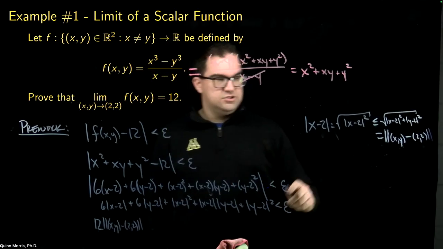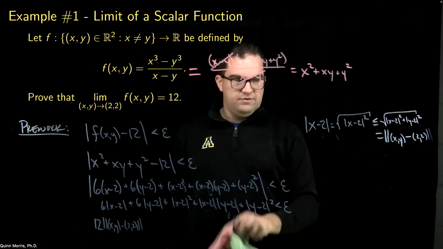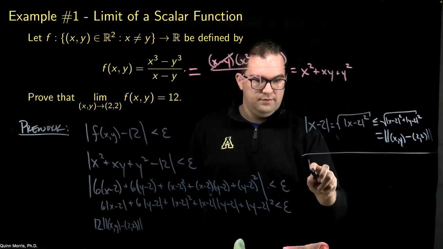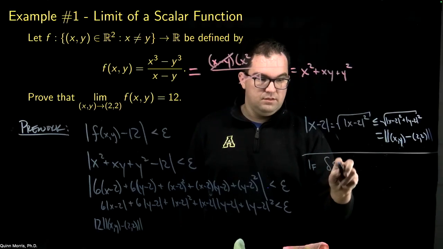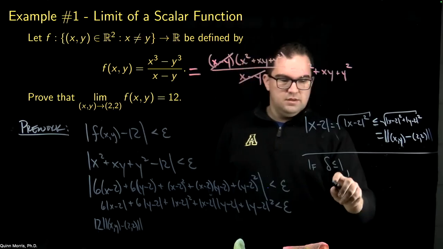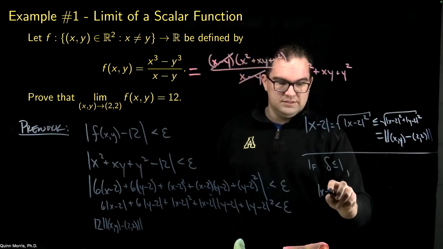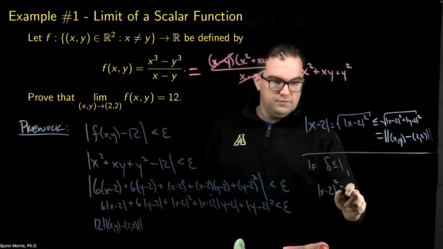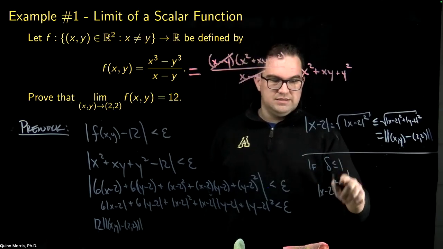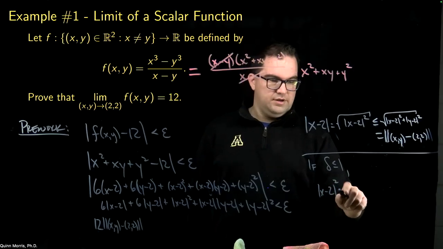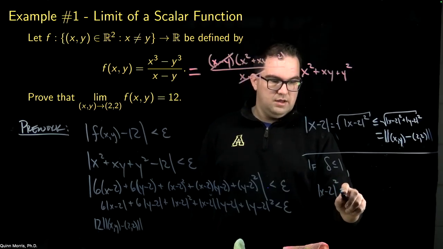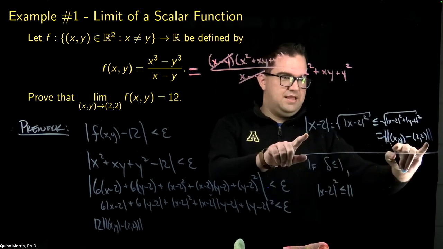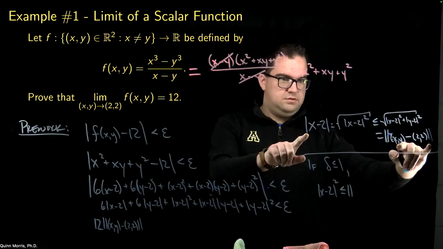If I go ahead and assume that my delta is less than 2, or sorry, less than or equal to 1, then if I look at, say, the absolute value of x minus 2 squared, well, if my delta is less than 1, I already know that this is less than or equal to this.